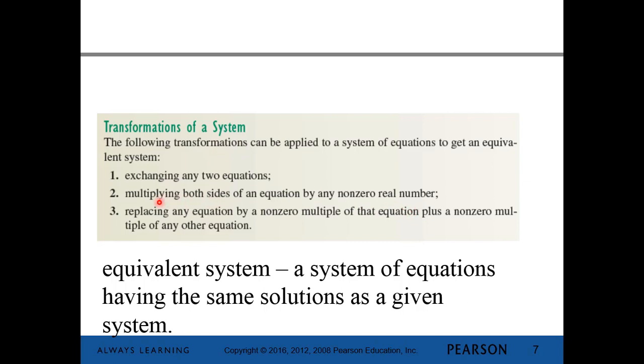Or three, we can replace any equation by a non-zero multiple of that equation plus a non-zero multiple of another equation, which means we can take equations within the system and add them together, and that resulting equation will not affect the solution set.